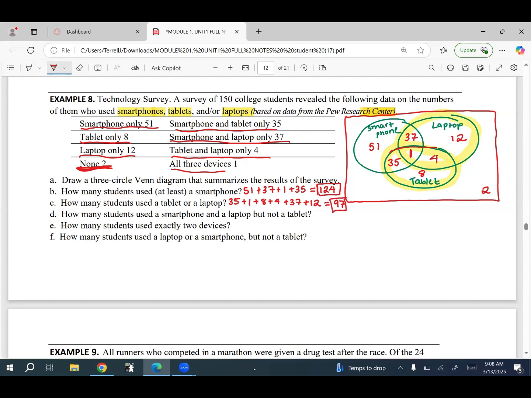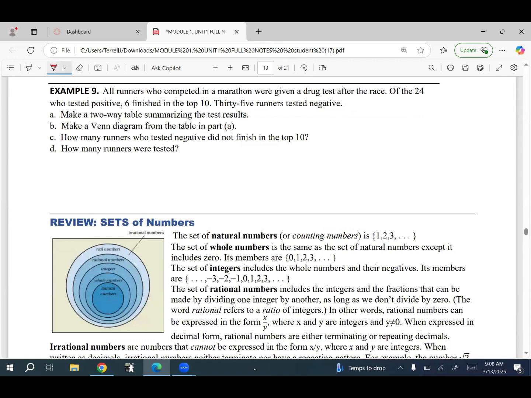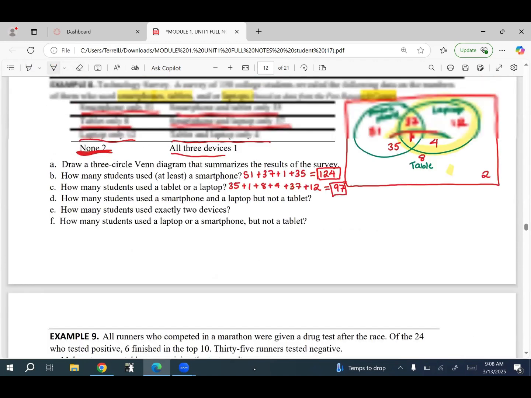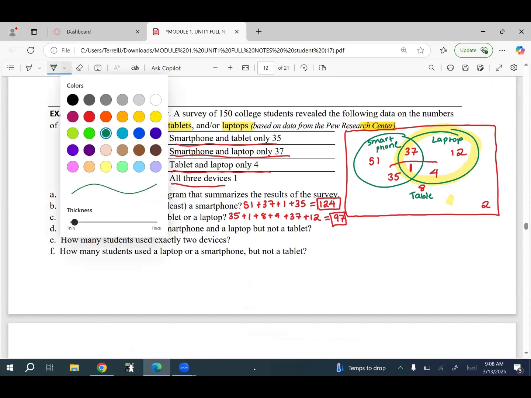Let's look at the next question. How many students used a smartphone and a laptop, but not a tablet? So let's erase what I just highlighted here. Oops. Sorry, it seems like that got erased.